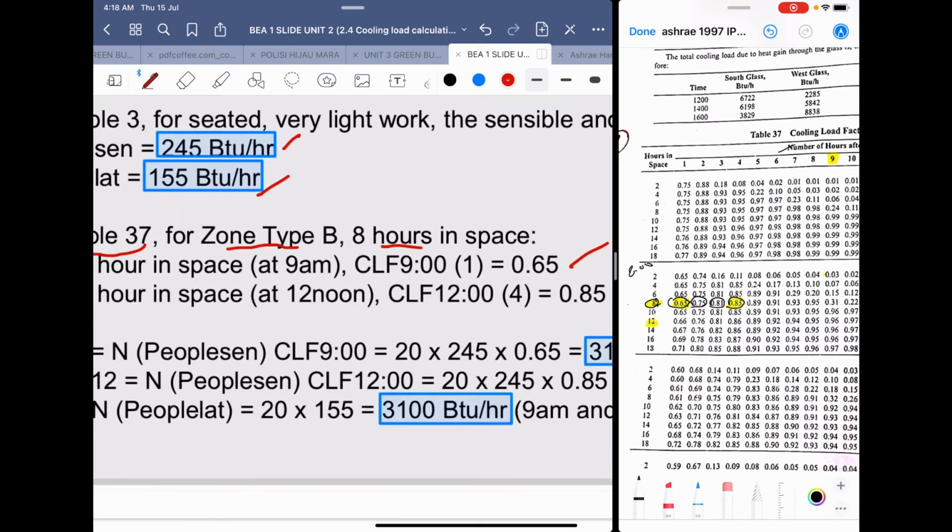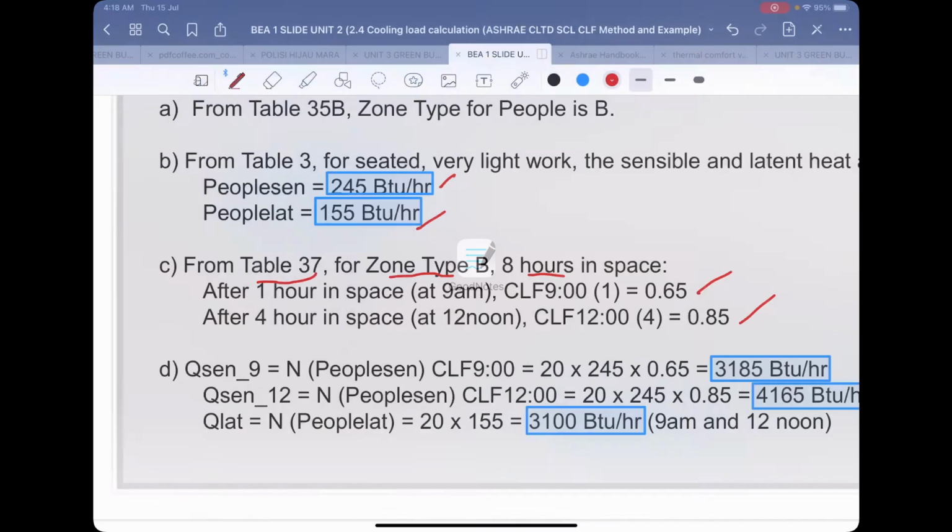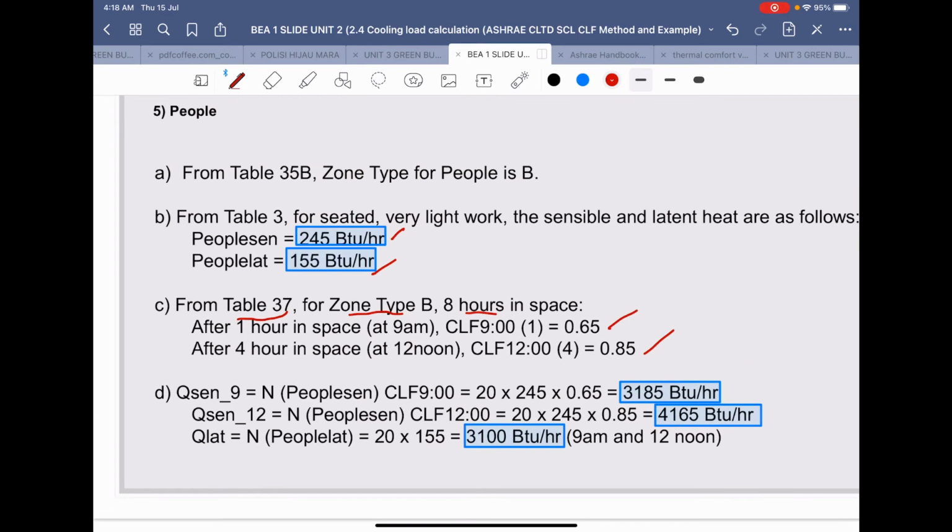Now we can put the information into Q sensible and Q latent. So the Q sensible at 9 is 3185 BTU per hour. At 12 is 4165 BTU per hour.